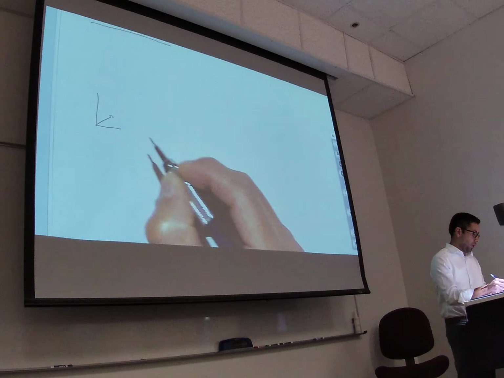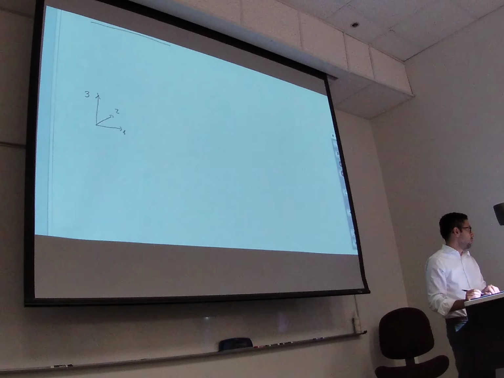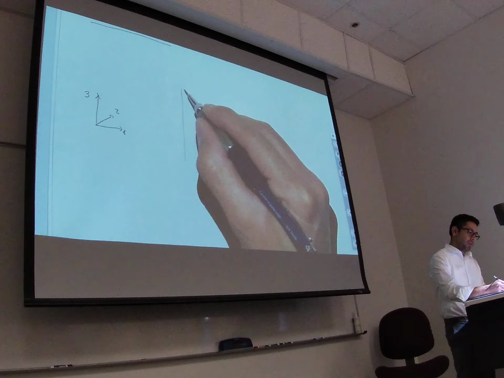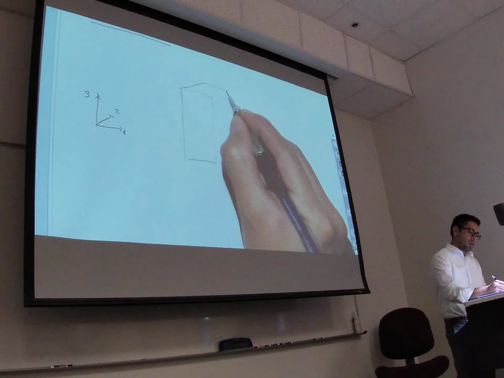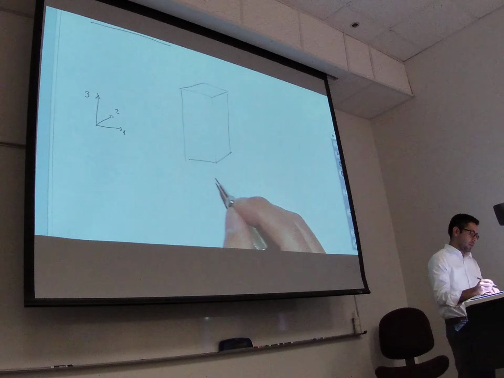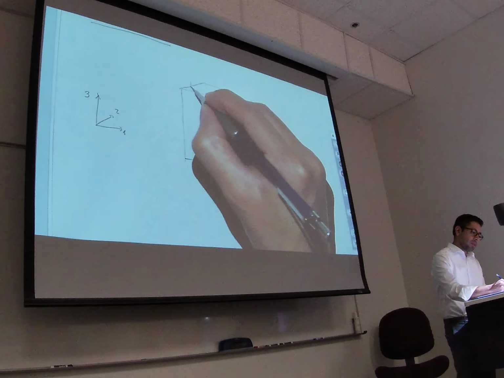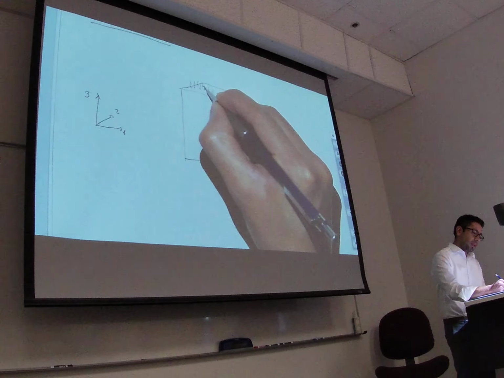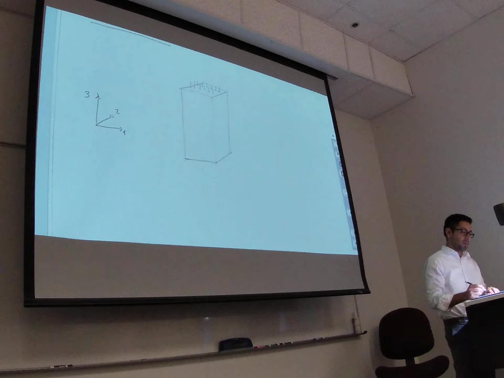As we always do, we're going to put a coordinate system 1, 2, 3, and for that coordinate system, I'm going to have a solid. It's going to be a prismatic element in which I will apply stresses on the top surface.